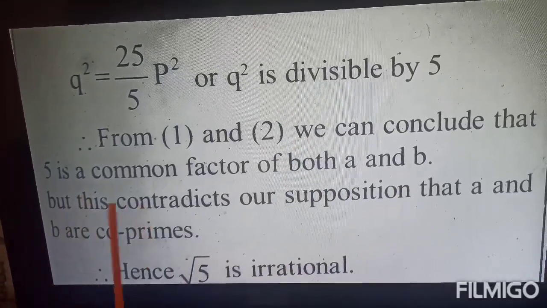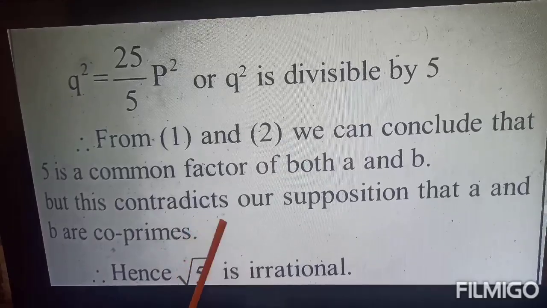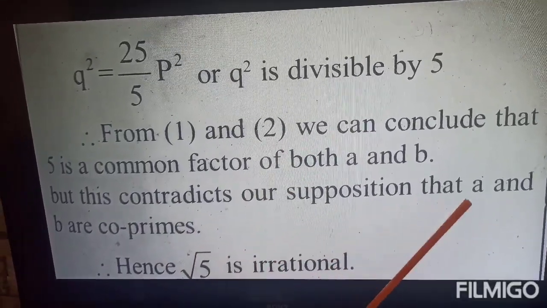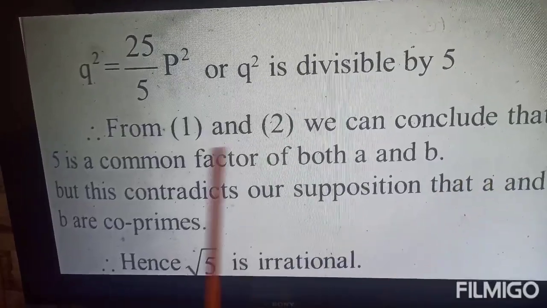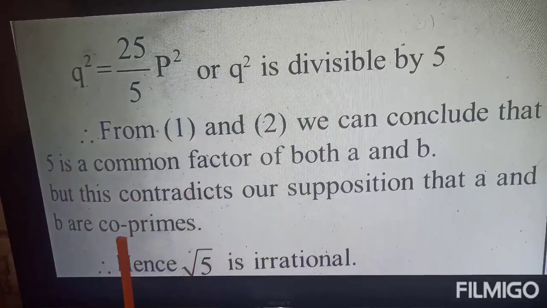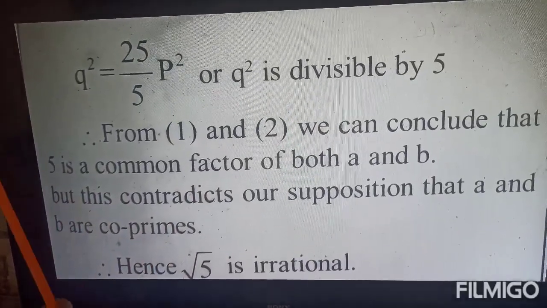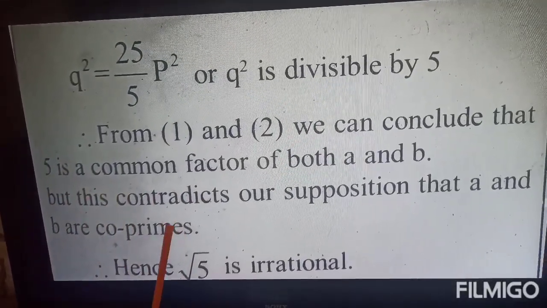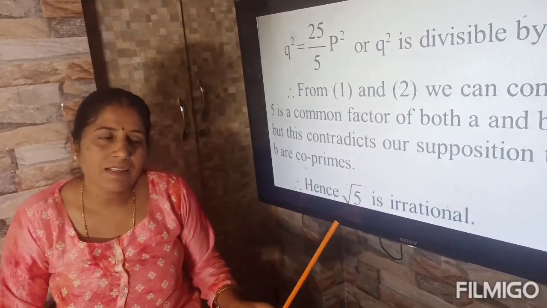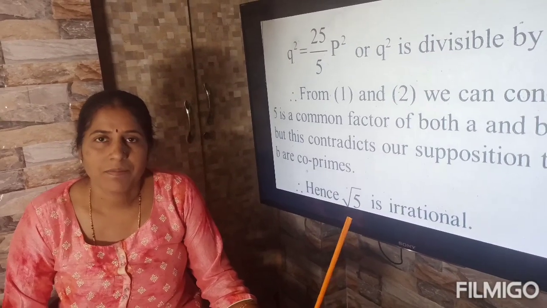But this leads to a contradiction. Our assumption that a and b, or p and q, are co-primes, what we assumed in the start, became wrong. Hence, root 5 is an irrational number.